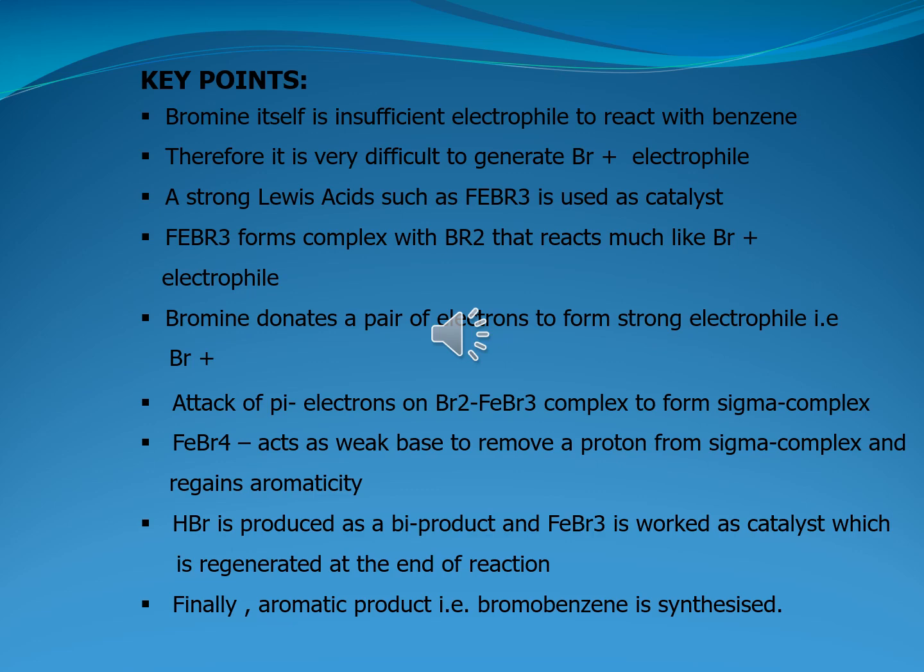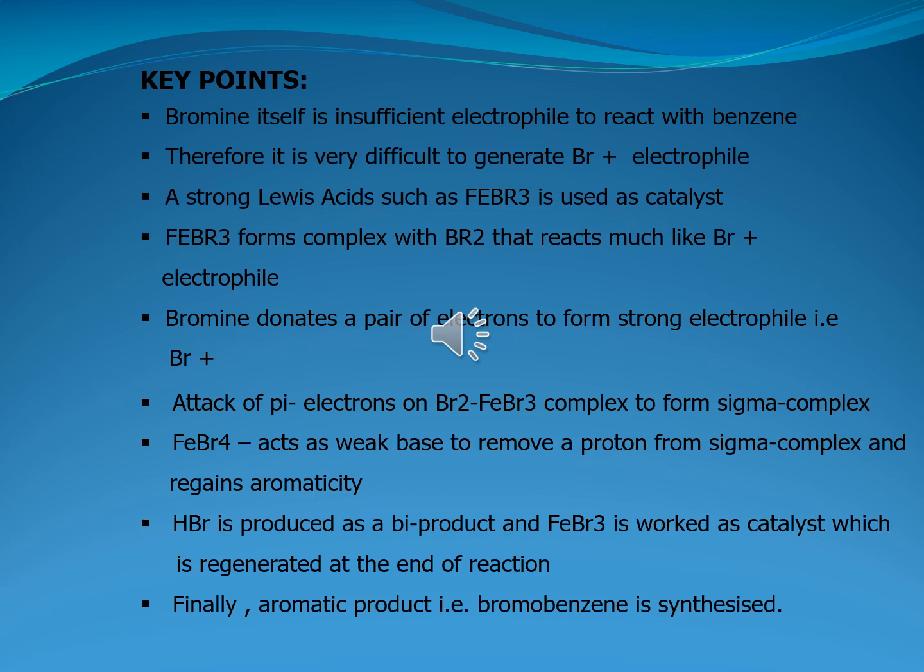Bromine donates a pair of electrons to form a strong electrophile, bromine as a cation. The pi electrons attack the bromine iron tribromide complex to form a sigma complex. Iron tetrabromide acts as a weak base to remove a proton from the sigma complex and aromaticity is regained.